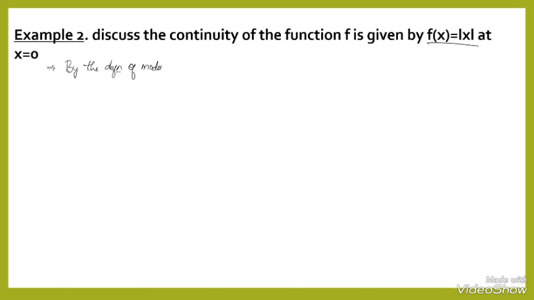By the definition of modulus function, we can write f of x is equal to mod x, which is minus x if x is less than 0 and x if x is greater than 0.